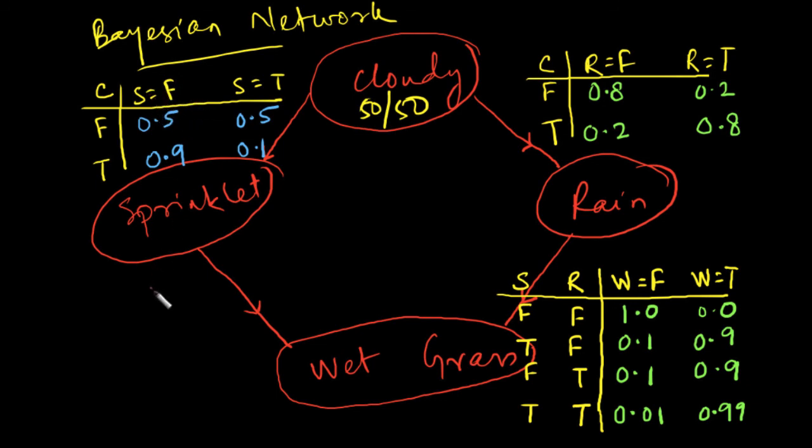But in many real life problems, we do not have access to the complete data. Some part of the data is hidden from us. In that case, estimating these probabilities in a straightforward manner becomes difficult, and there we take recourse to what is called the expectation maximization algorithm, which is a very powerful tool for estimating these values under the circumstances that some part of the data is hidden from you.